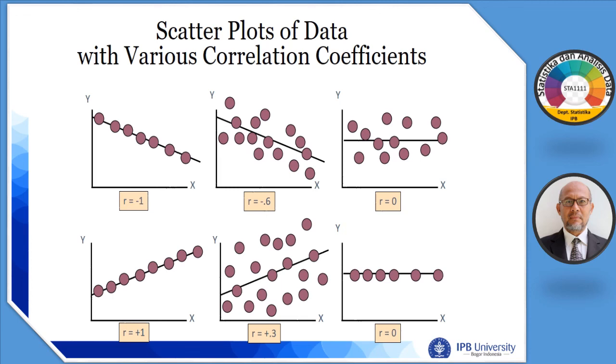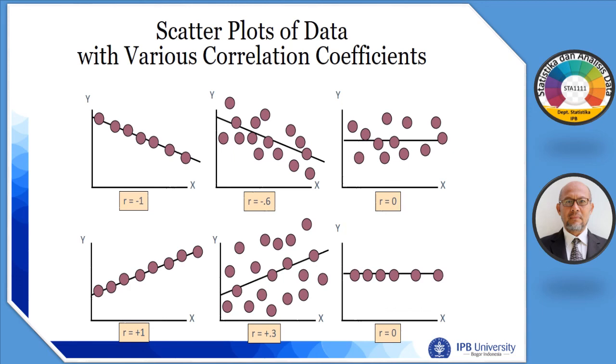So let's look at the scatter plots between x and y. For example, in the first graph at the top, the plot between x and y is really a straight line. If your data is like this, the correlation is equal to -1.